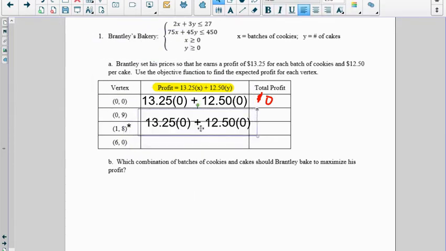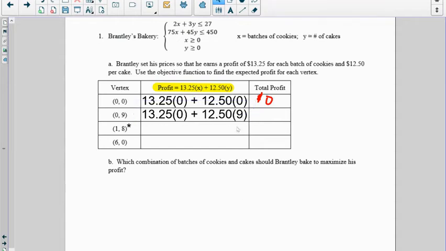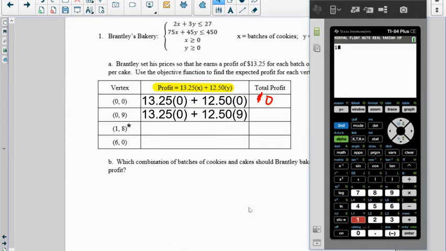And let's change it now to our second situation, where (0, 9) was the vertex. That means 0 batches of cookies, so I'm going to leave x as 0, but change the y value to 9. So 9 cakes is basically what he's making. On my calculator, I just need to figure out what $12.50 times 9 cakes is.